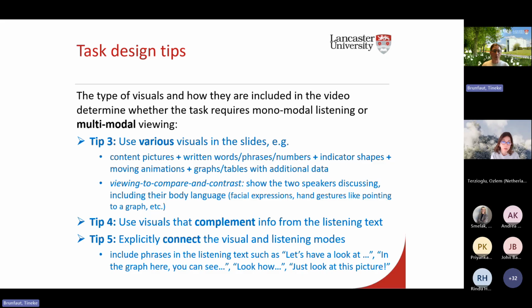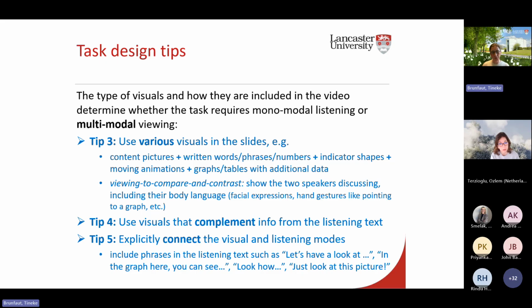We used a variety of visuals in our slides. So we had pictures, words, phrases, numbers, indicator shapes, moving animations, graphs, tables, and so on. And in the compare and contrast task, we also very consciously showed the two speakers as they were discussing, so you could see their body language as well.